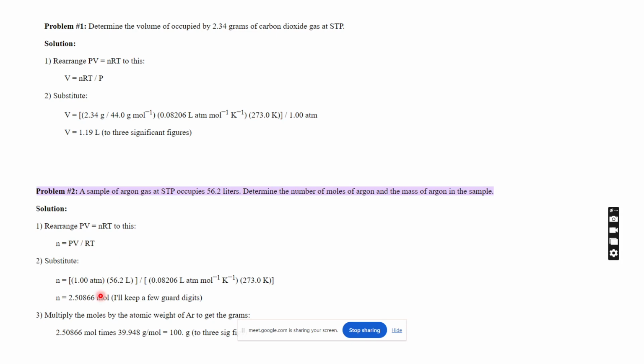Substitute the values, the volume in milliliters, and the other values for R and temperature, then we will get the value of moles. It will be 2.50 moles. Then multiply those moles with the atomic weight, then you will get the total number of grams present in this. Okay.